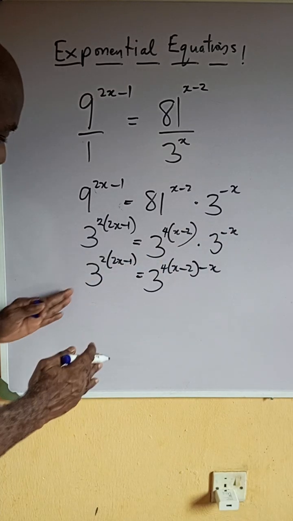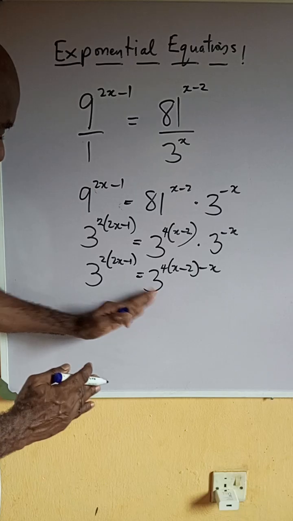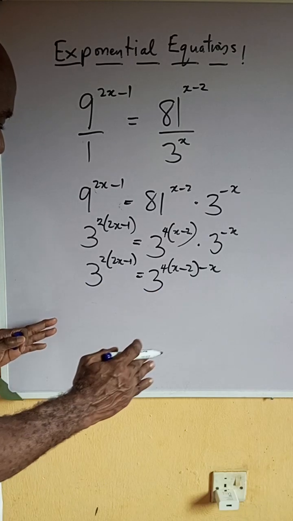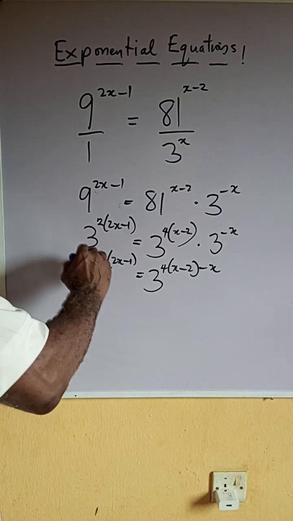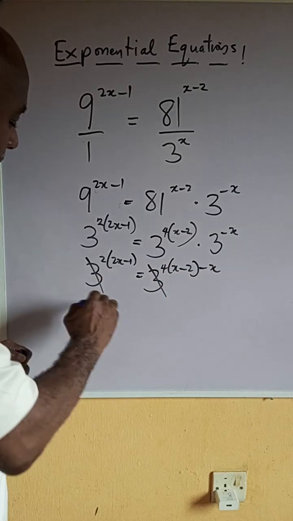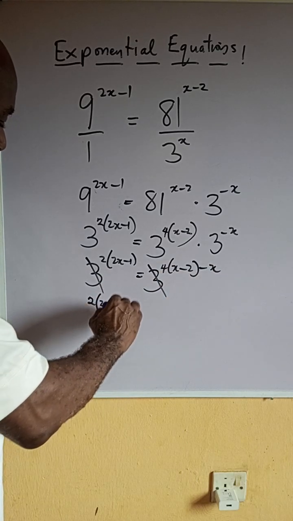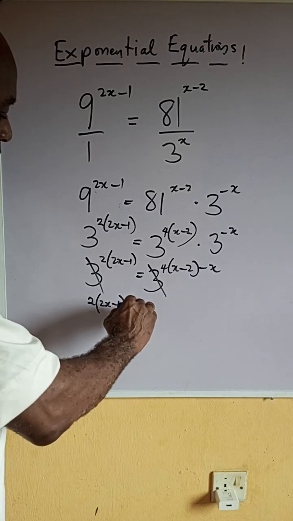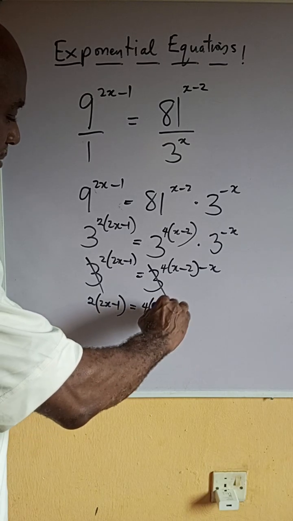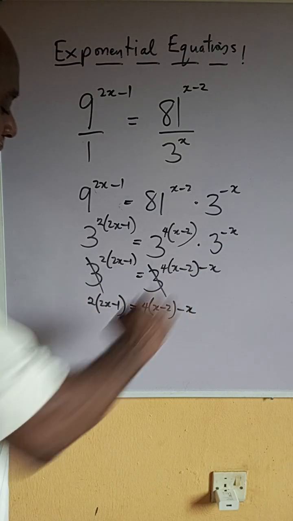Now, we can see again that the expressions on both sides have equal bases. We shall do away with their bases and then equate their powers. So that 2 into 2x minus 1 is equal to 4 into x minus 2 minus x.